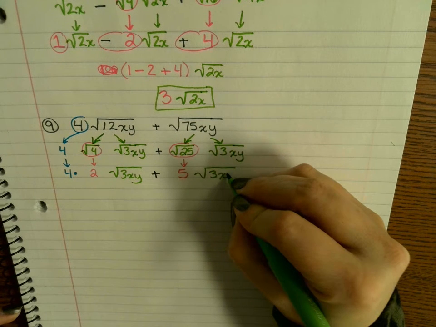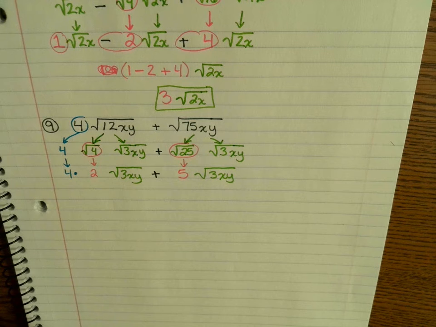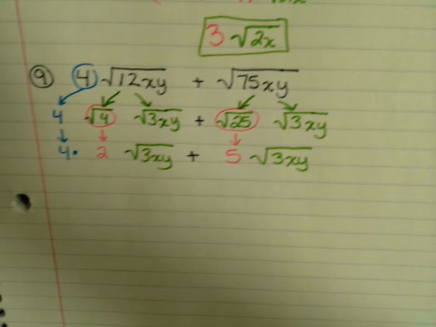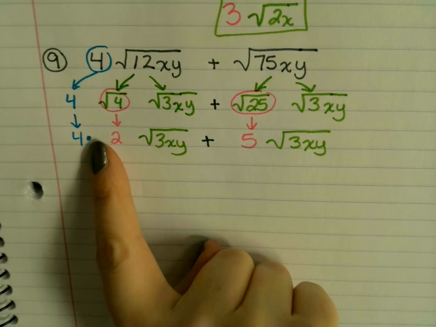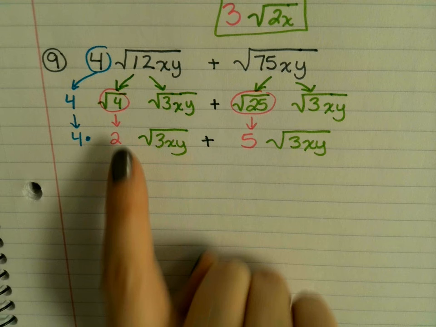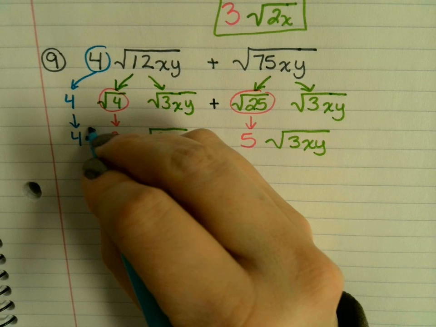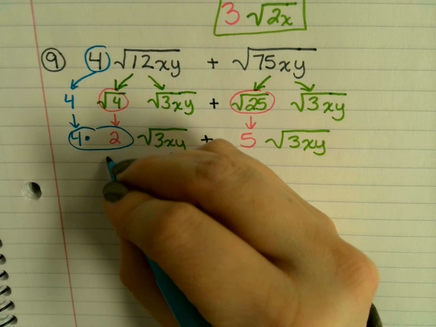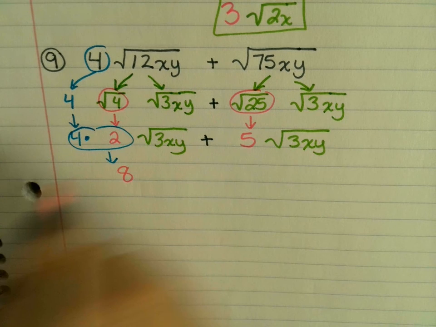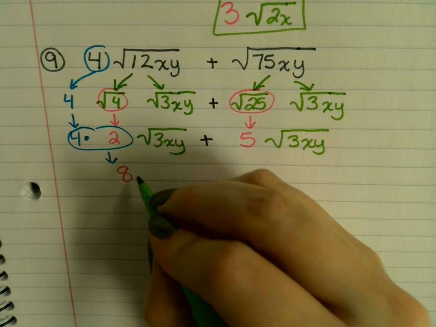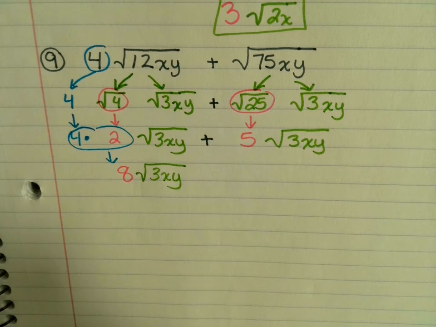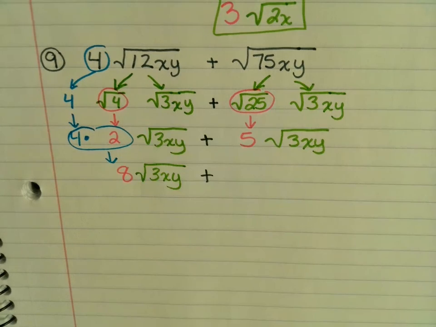Okay, we still have to continue simplifying. We are not done. That 4 and the 2 that are outside need to go ahead and be multiplied together now. We need to do 4 times 2. 4 times 2 is going to give us 8. So we now have 8 square root of 3xy plus this 5 square root of 3xy.